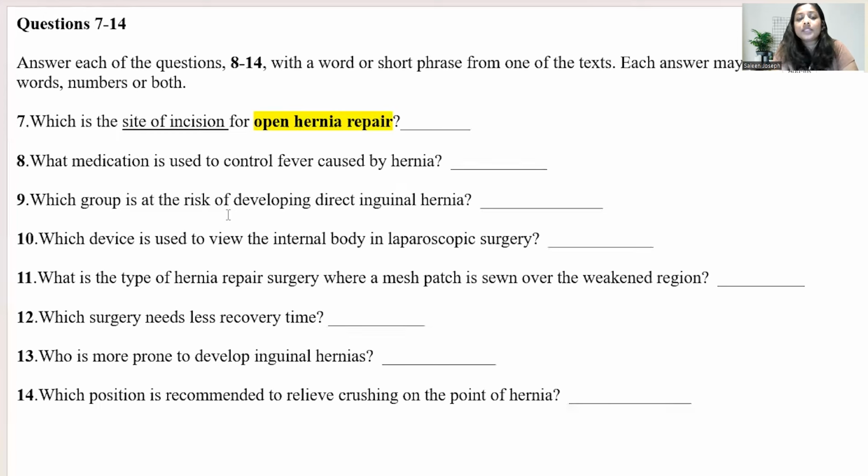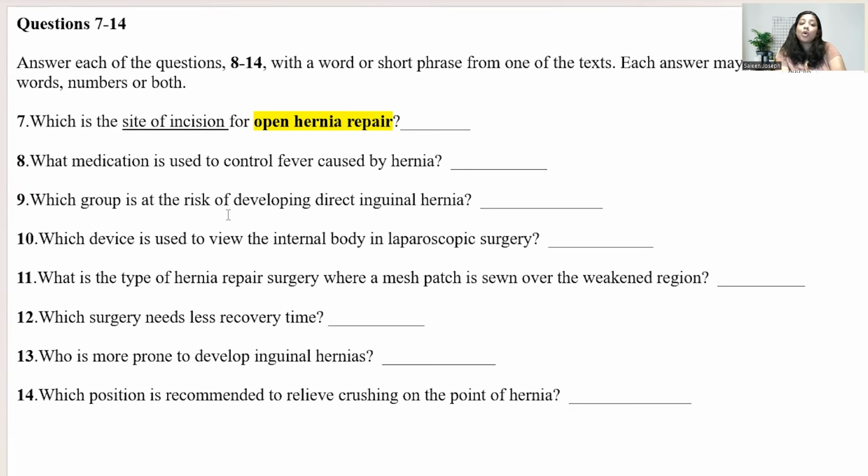Twelfth one. Which surgery needs less recovery time? Done? Yes, done, ma'am. Thirteenth. Who is more prone to develop inguinal hernia?